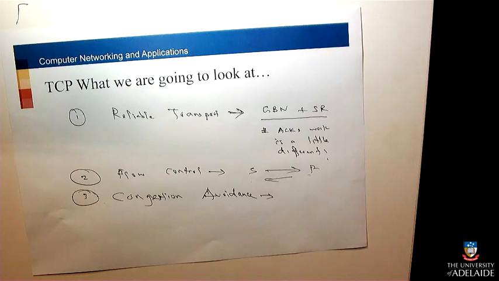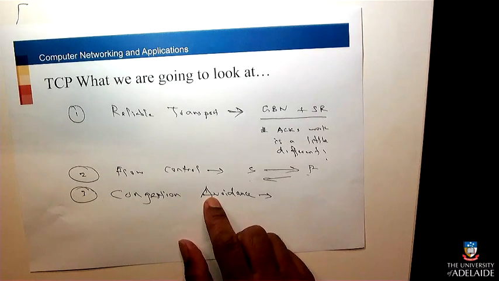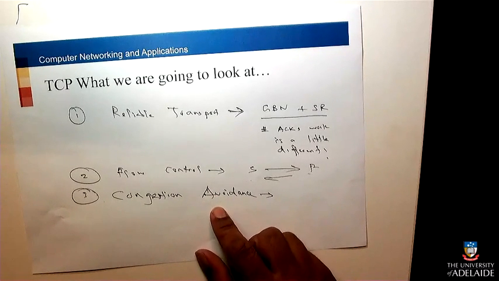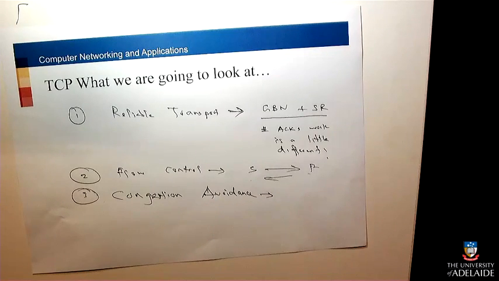To go home might take me an hour and 15 minutes if I leave at 5:30 because everyone's on the road at the same time. But if I leave at around 6:37, I get home in about 30 minutes, right? So if you understand congestion, that means there's no point trying to send a lot of data when the network is congested. So it's nice if you can somehow deal with that, okay? Because you make matters worse. Everybody leaving at the same time just makes matters worse. All the roads get congested, right?